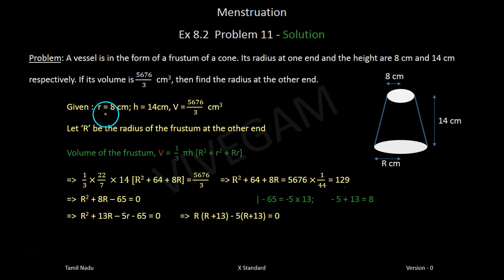Here we assumed this 8 centimeter to be small r, and we thought we'd get this side radius to be bigger than this, but it turned out to be smaller. So this 8 centimeter will be here, and the new 5 centimeter will be here. But nothing to worry, we didn't have that information when we started the problem. So let's make some assumption and start, and the problem will correct itself.